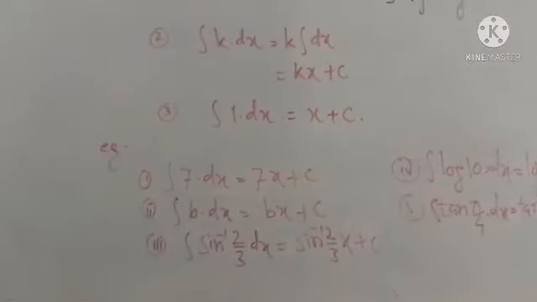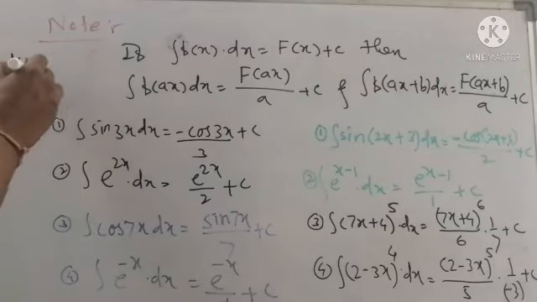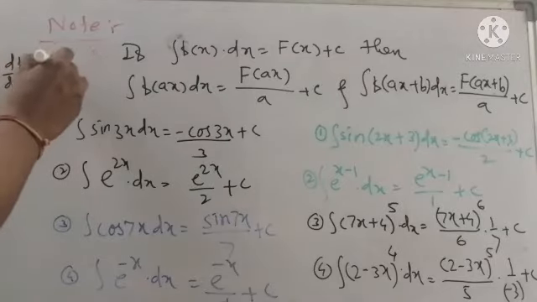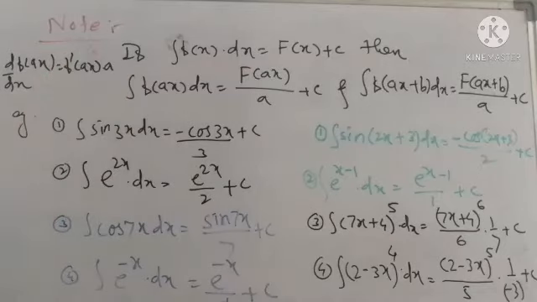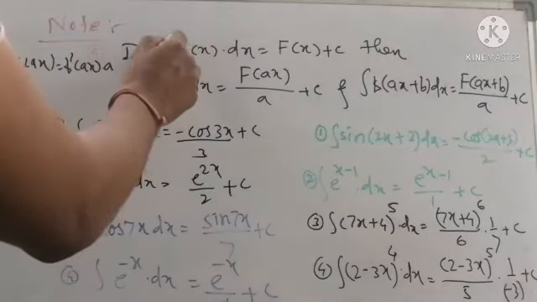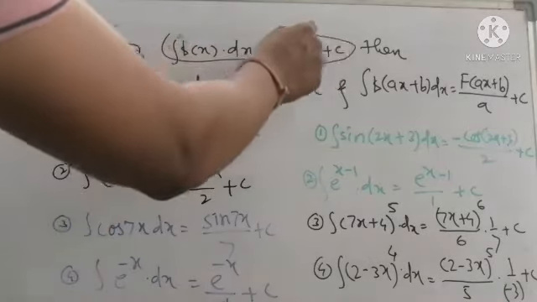See the examples. The derivative of f of ax with respect to x is equal to f dash ax into a, that is, the derivative of the function multiplied by the coefficient of x. As integration is a reverse process, observe what happens if the integration of f of x is capital F of x plus c.